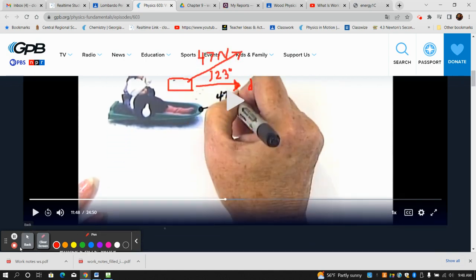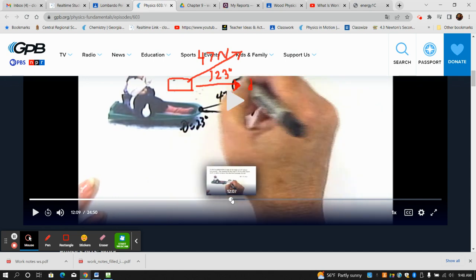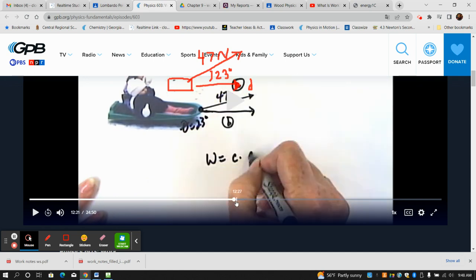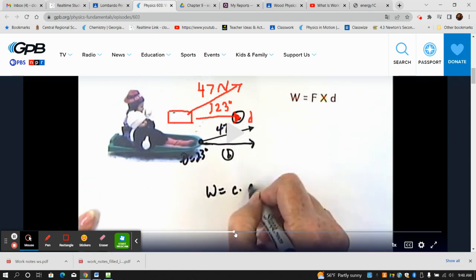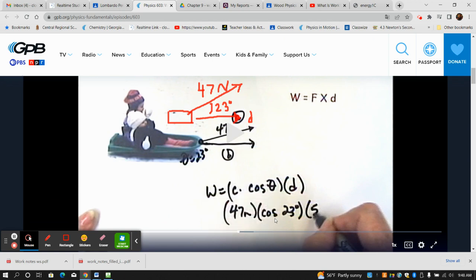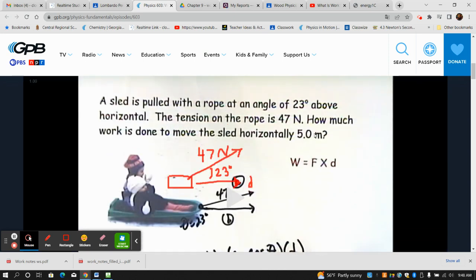So let's click that. What you would wind up doing is 47 times the cosine of 23, and they tell us that this thing moves 5 meters. So ours was F d cosine theta.